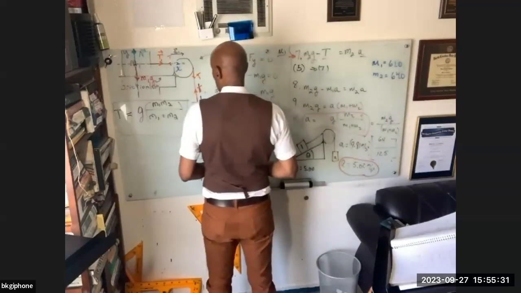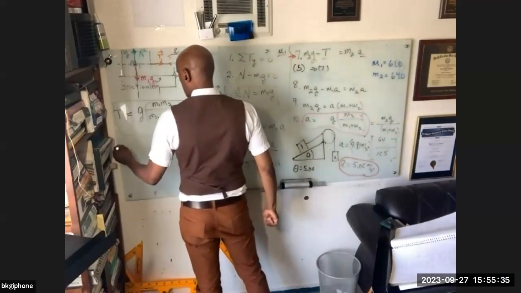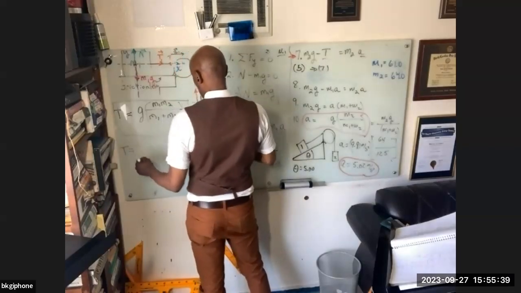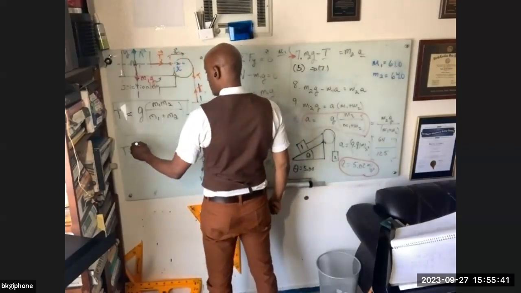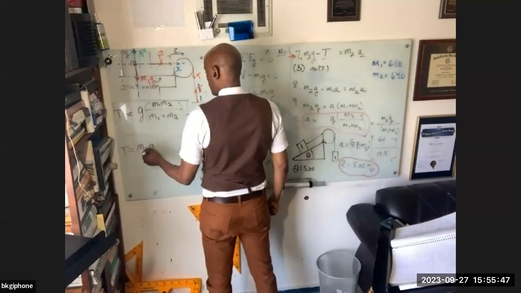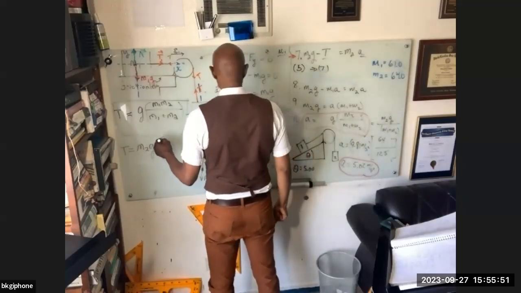Another way to look at it, again, this is the weight that's driving the system, so we can say that the total force on the system is the weight of gravity of the mass hanging over the edge, so M2 times G. And again, you can think of that weight being normalized by this same factor that normalizes the acceleration.